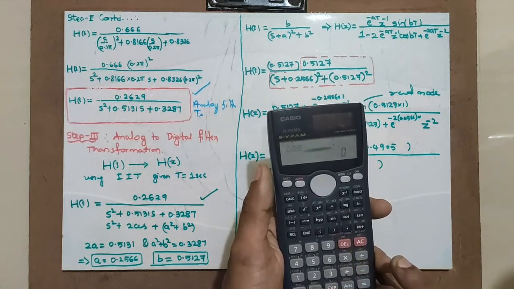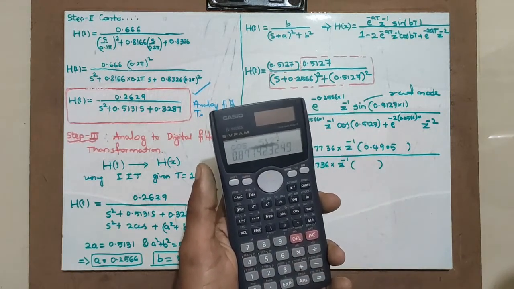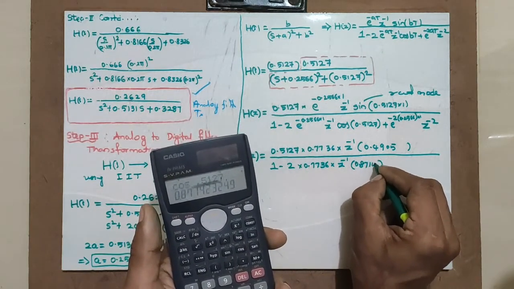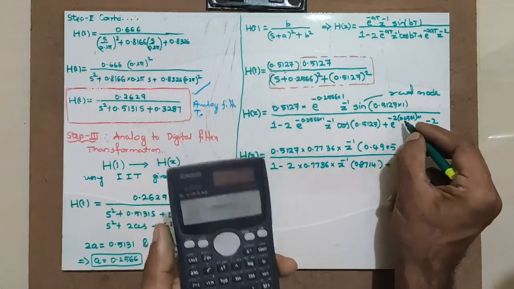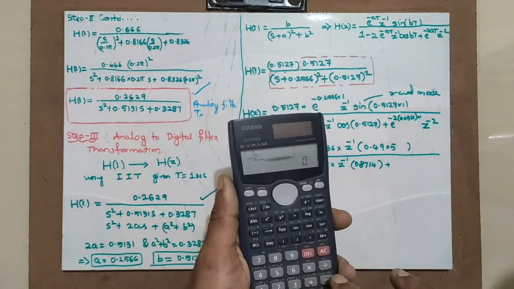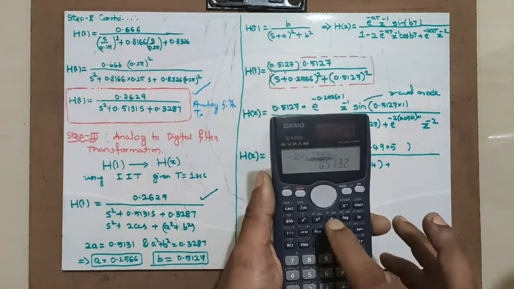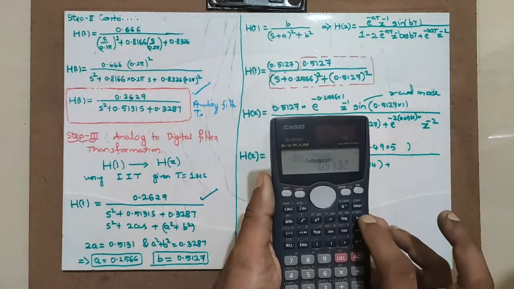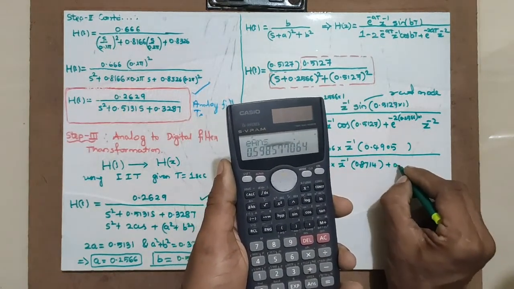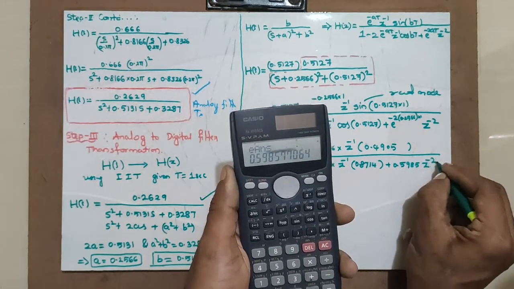Cos 0.5127 is equal to 0.8714, plus e raised to minus 2 into 0.2566, which is shift ln answer, 0.5985 z raised to minus 2.